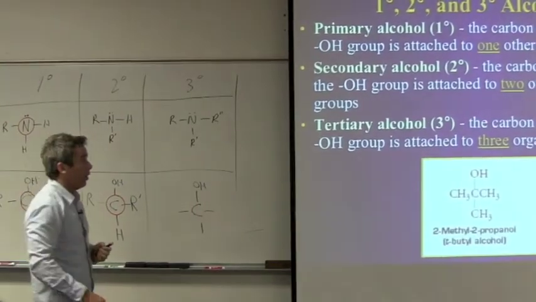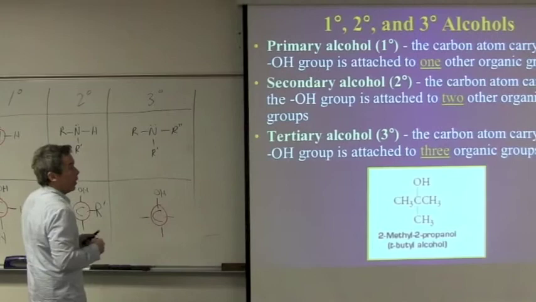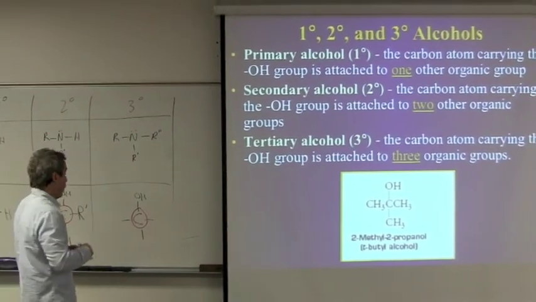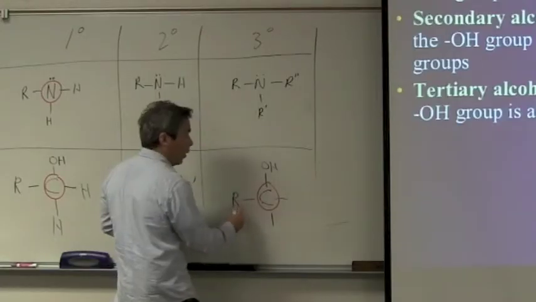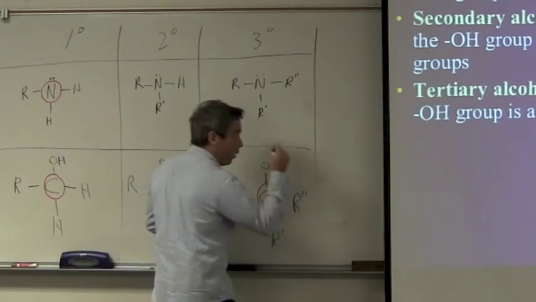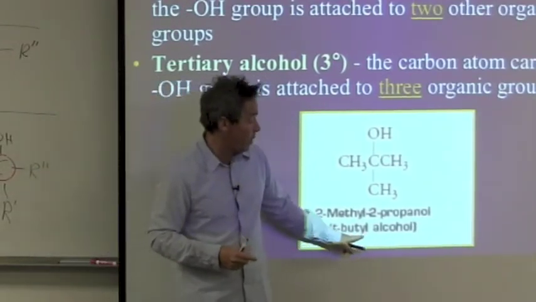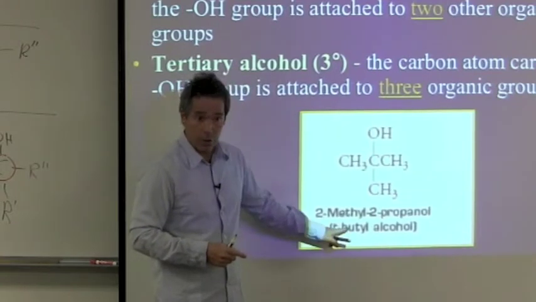A tertiary alcohol, the carbon carrying the OH, this one, is attached to 3 organic groups. R, a second one we'll call R prime, and a third one we'll call R double prime. Here's an example. Notice the common name is t-butyl. That's tert-butyl.